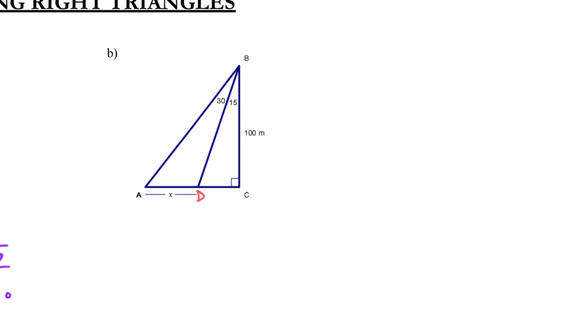That length of x is now side AD on triangle ABD. So I'm going to use a little bit of headings as I work my way through, just to tell my reader what triangle I'm working with. Just makes it easier to talk. Okay, what I do notice, though, is that I have an angle of 15 degrees here, and I have an angle of 30 degrees here.